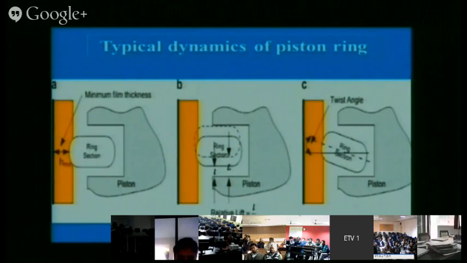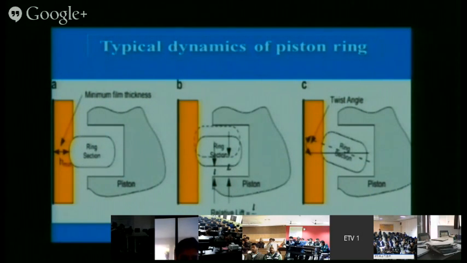Typical dynamics of the piston ring can be seen like that. So point A, if you see, is basically the humming operation, the motion that is taking place. When the piston ring is brought and kept inside the piston itself, once it is released, it goes radially outward and touches the cylinder liner.